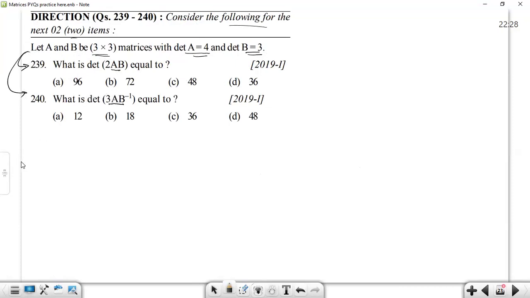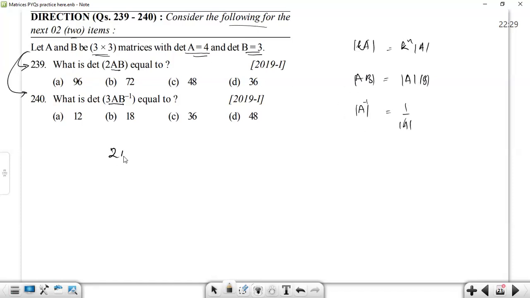Have we discussed the properties of determinants till now? I think we haven't. Anyway, I've written these properties, and they are applicable.